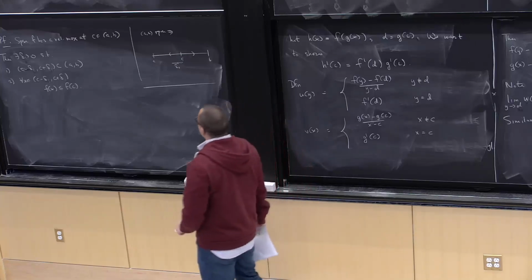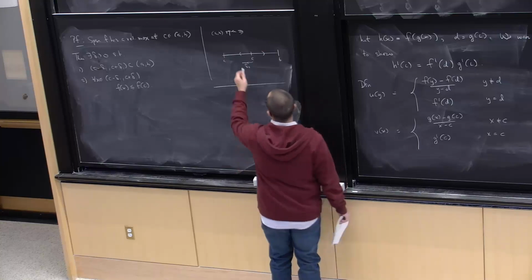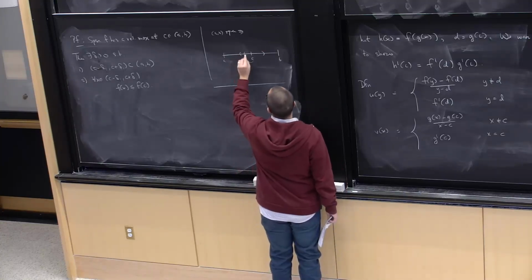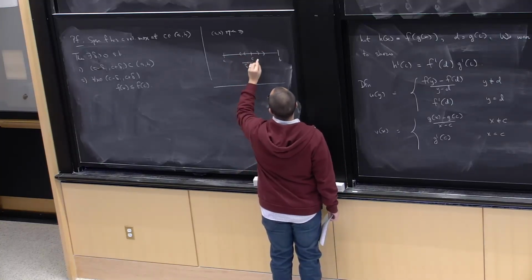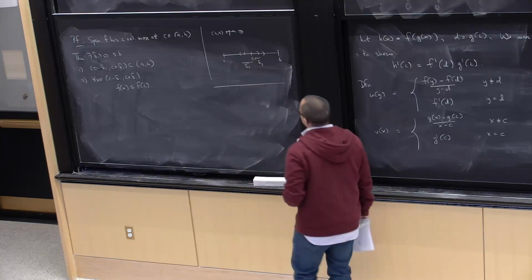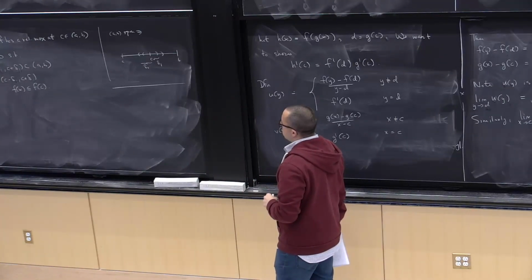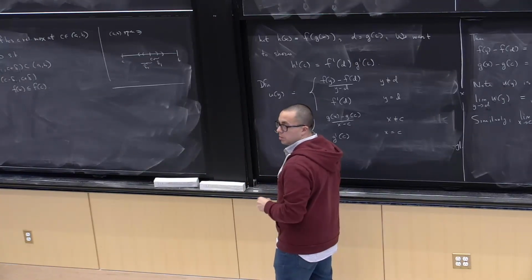Now, since f has a relative maximum at this point, there exists another delta 1, say, so that if I'm inside that interval, then f of x is less than or equal to f of c for all x in that interval.